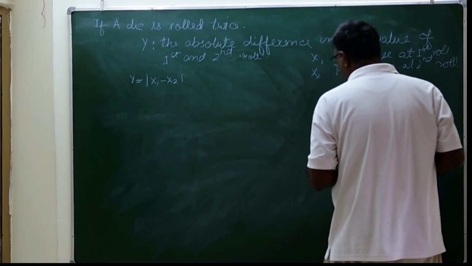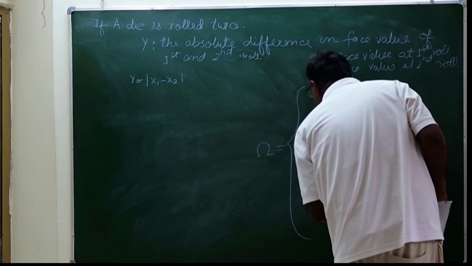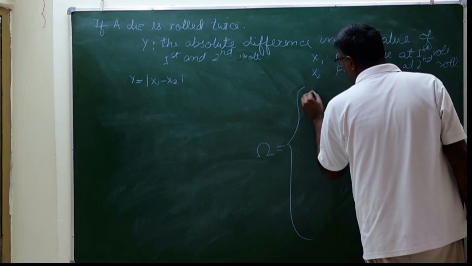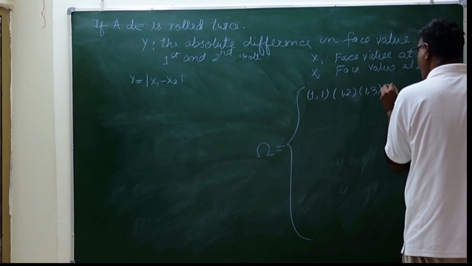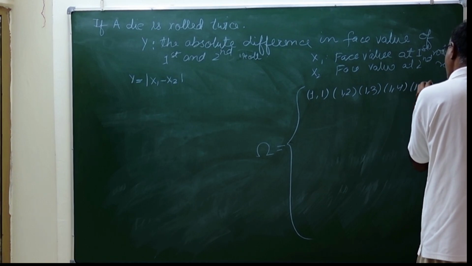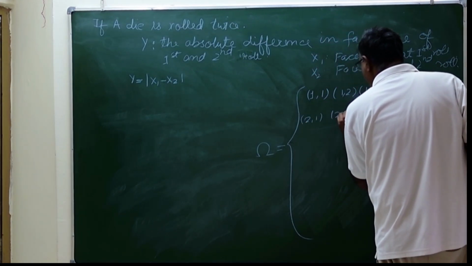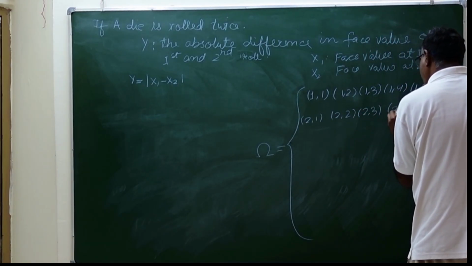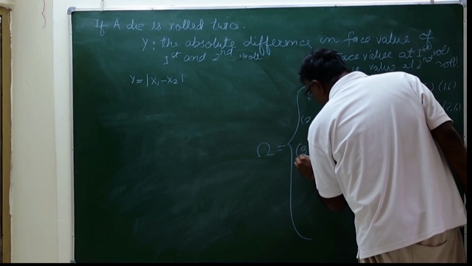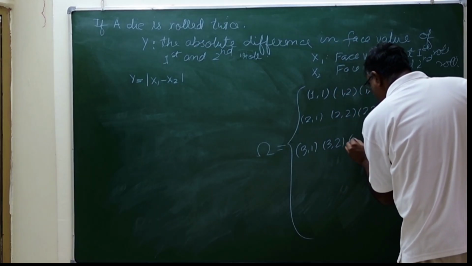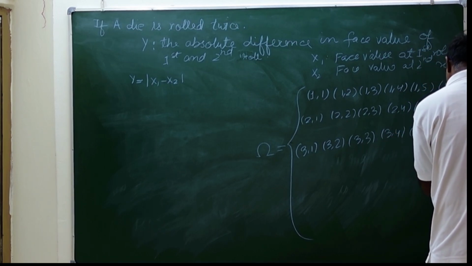So let's write first. I'm going to write the whole sample space, and then we will take the corresponding values and assign the value of Y corresponding to each observed. So these are the sample points.